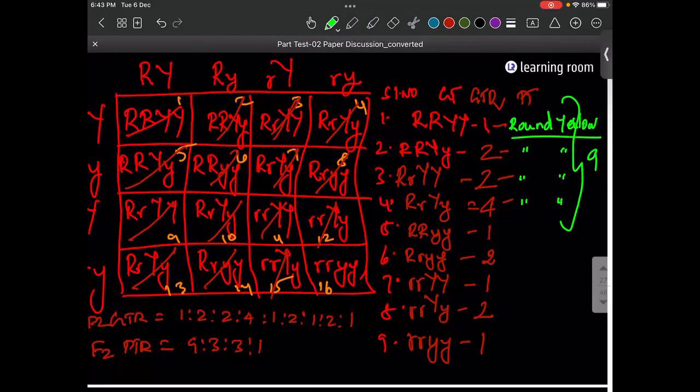Okay, fine. Then 5 and 6 are round and green. Round green, so together it's 3. Then we have wrinkled and yellow, 7 and 8.